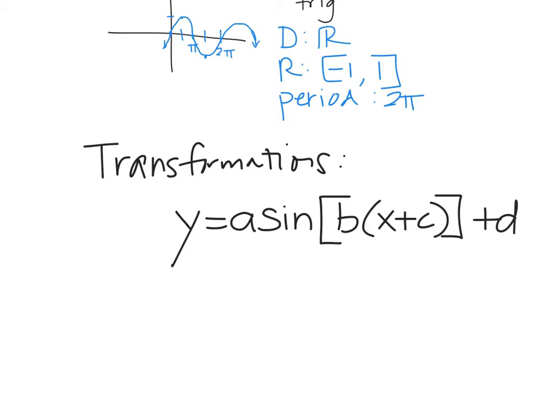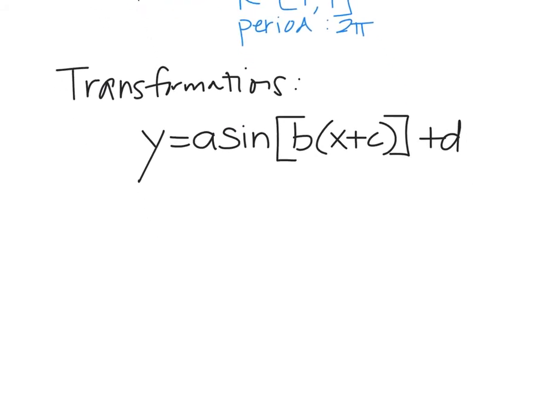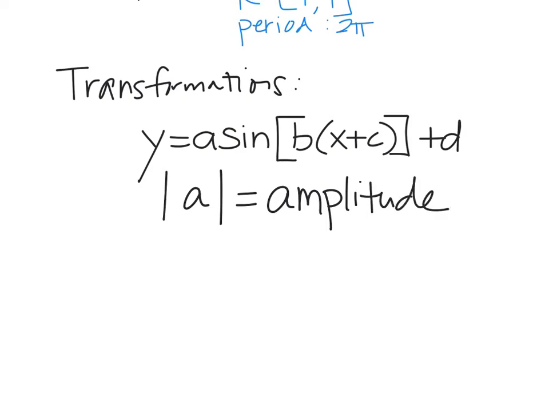Okay? There's a lot of things that we can do to this graph. So let's talk about all these things. So A is the vertical stretch or shrink. If A is negative, we reflect over the x-axis. The absolute value of A is called, do you remember what that was called? Starts with an A. No? Amplitude. Yeah, amplitude. Amplitude is basically how high or how low it goes through your symmetric horizontal axis.